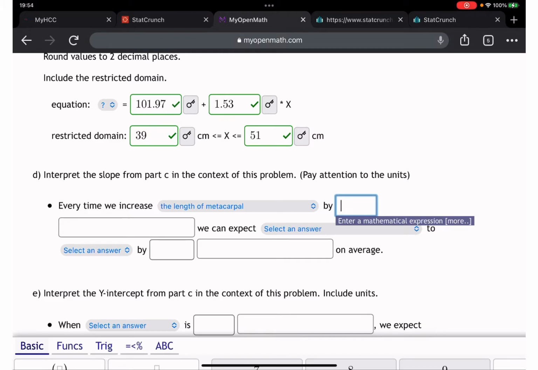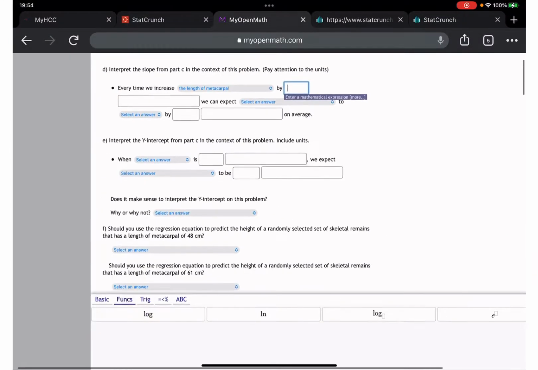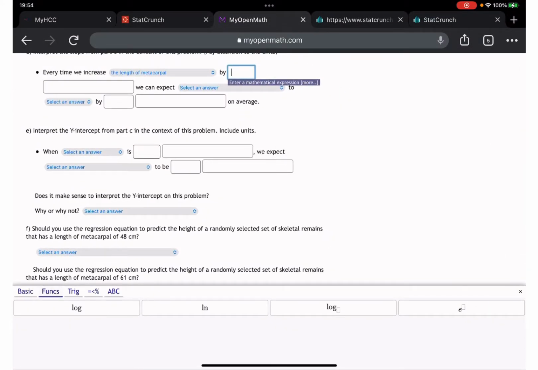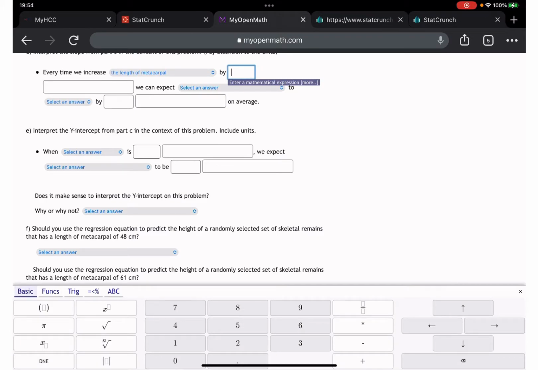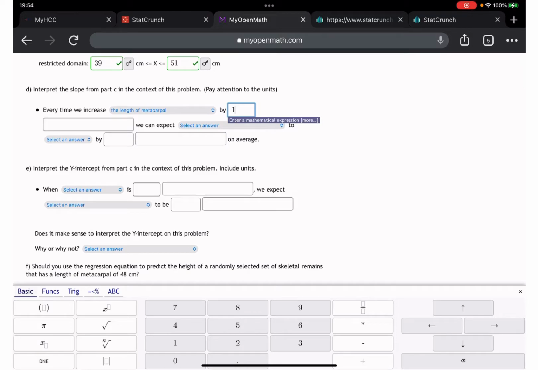Here you're always going to increase by 1. Increase by 1 what?